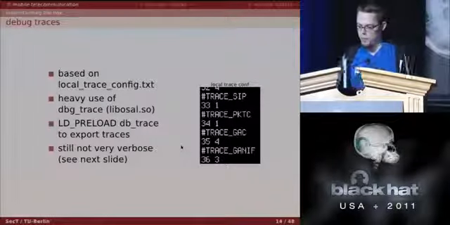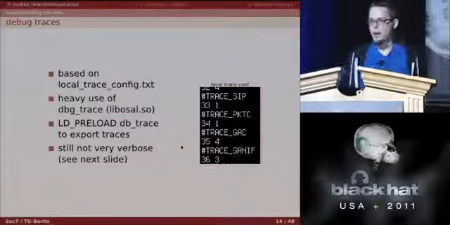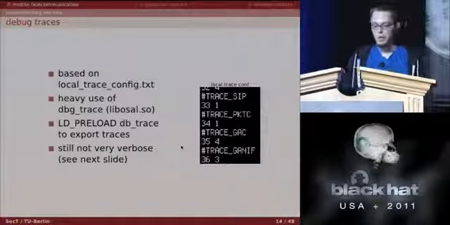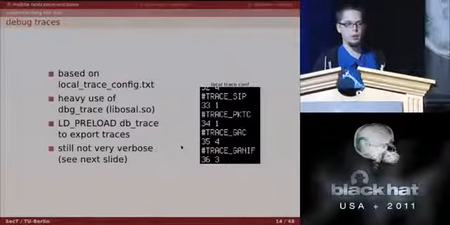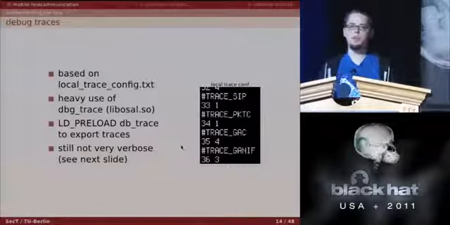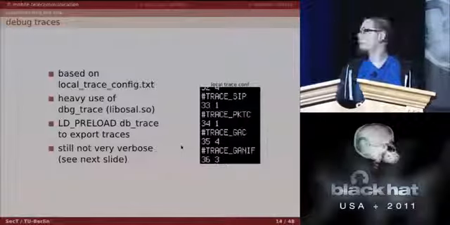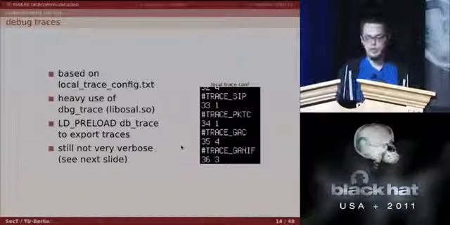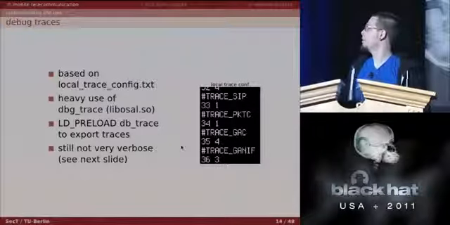Yeah. So obviously we needed a basic understanding of the binaries on the box. We did some reversing in the beginning and quickly noticed that all of the binaries on the box make heavy use of a function called debug trace, which comes from a shared library that all of the binaries use. Additionally, there's a configuration file called local trace config, where you can see a snippet on the right side.